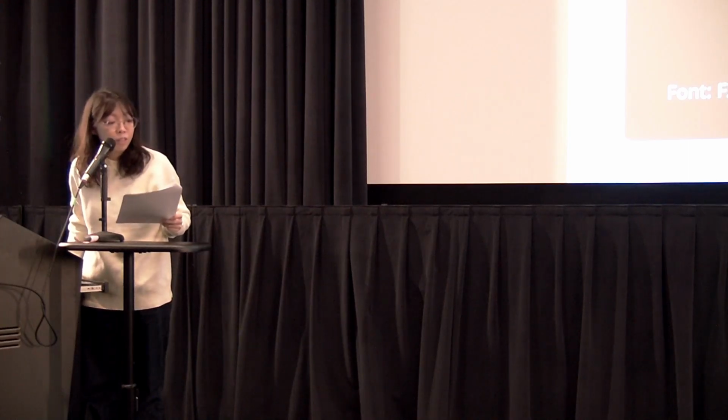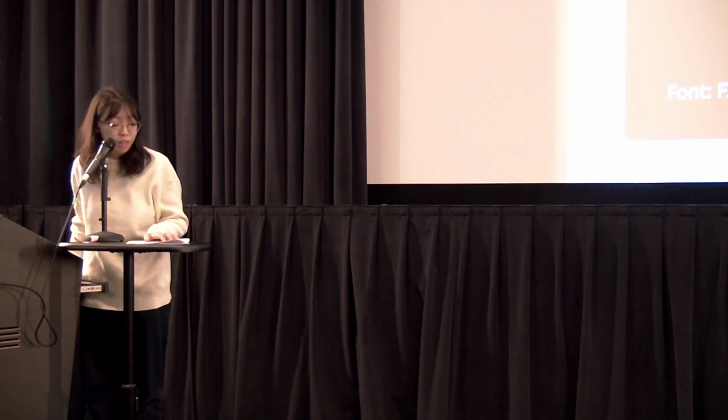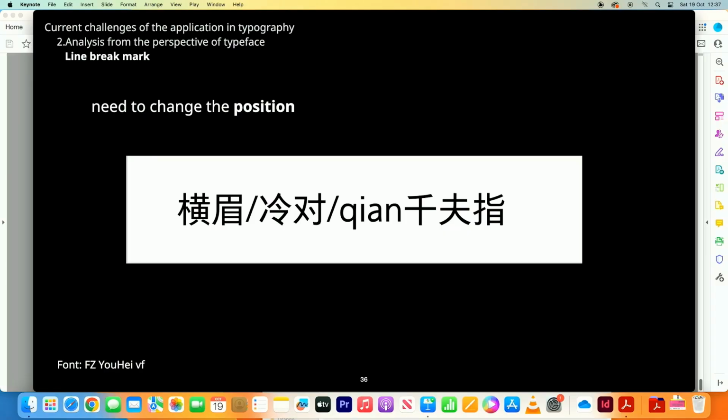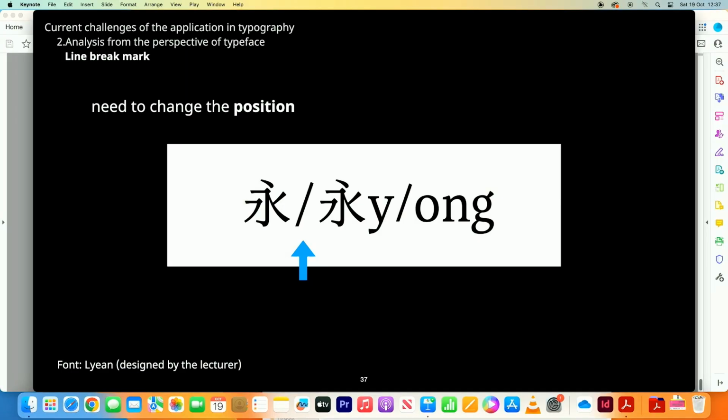The line break mark belongs to the change-the-position category, because this punctuation is not very commonly used in Chinese text, so most Chinese typefaces just use the one for Latin. Because it's all aligned with Latin script, we can see the line break mark is slightly higher compared to the Hanzi character. So what we do is extend it a little bit so it looks better for both scripts.